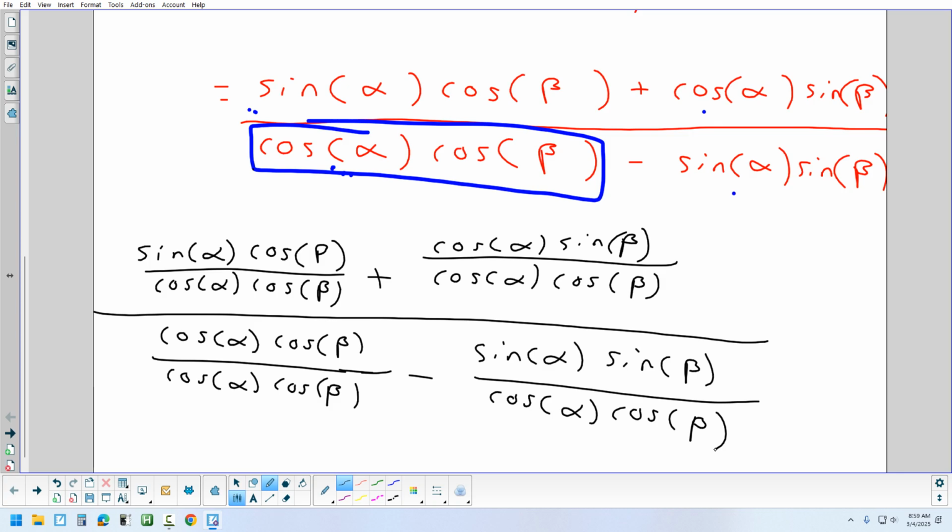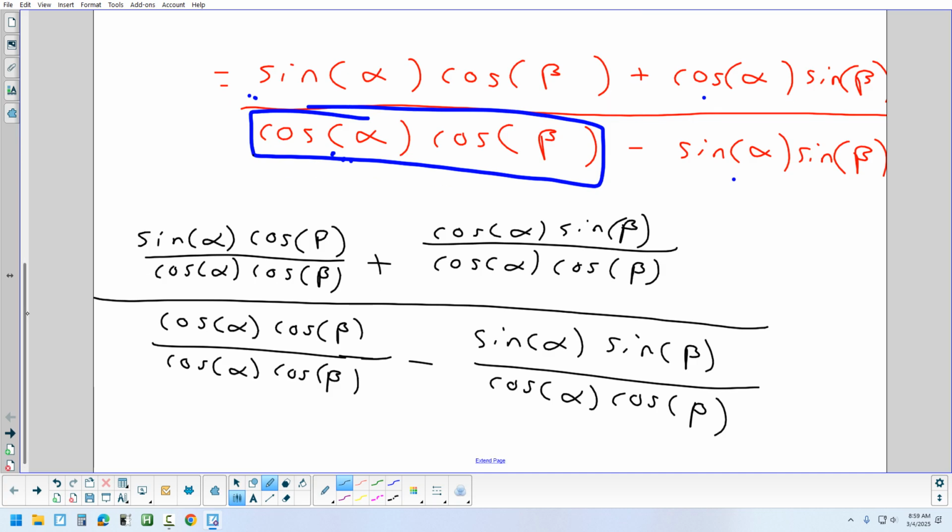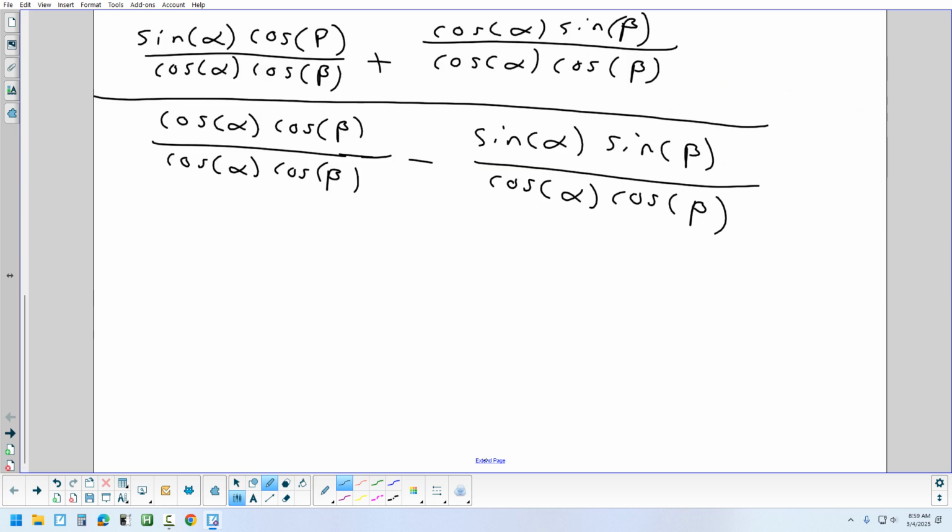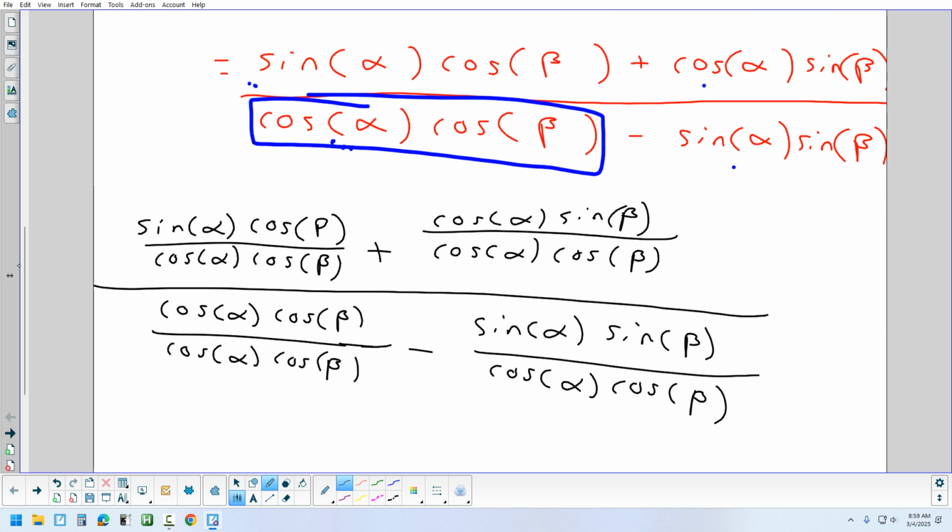All right. So as long as we do the same thing in all 4 spots, that's fine. Now let's go through each one. It's like we have 4 little problems, and we'll see what happens in each one. Does anybody notice what happens? Let's start in the upper left, right here. Yes? Cosine beta cancel. These cancel out. Yep. And what are you left with?